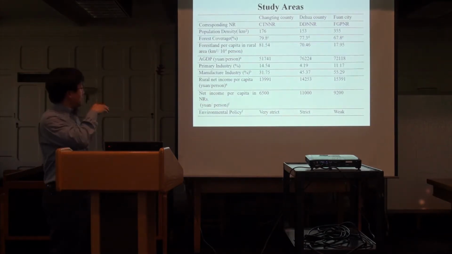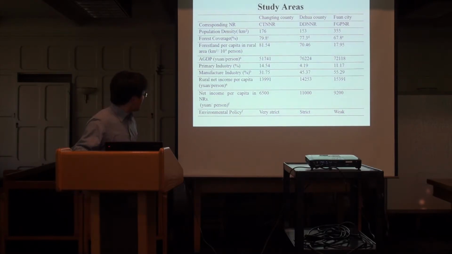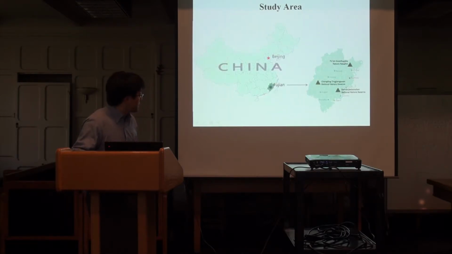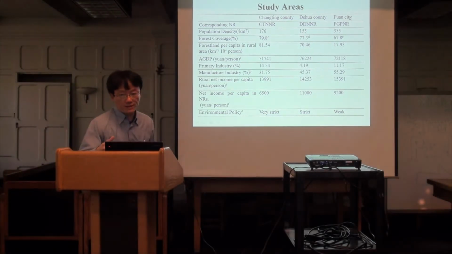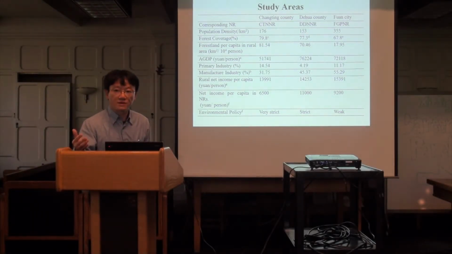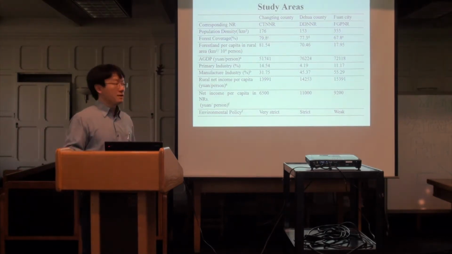Here are some characteristics of the study area. The major city is still a county level city. We have county, we have city, and some cities are actually the same as a county.